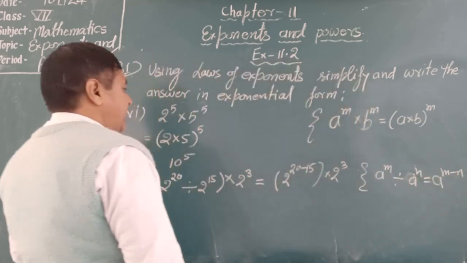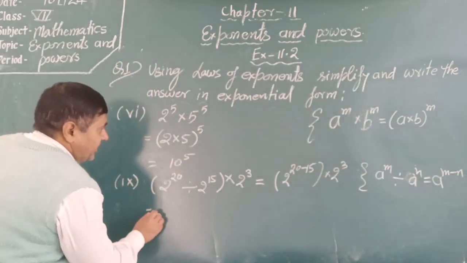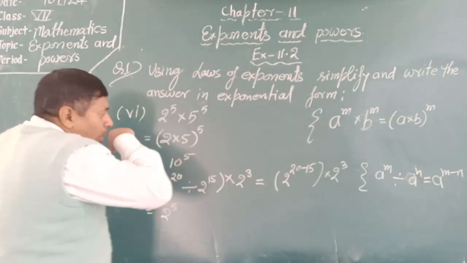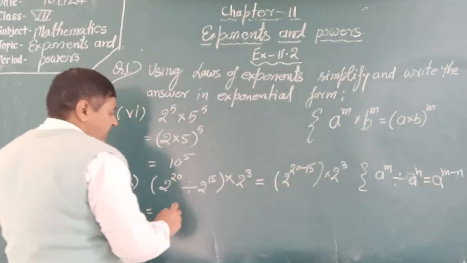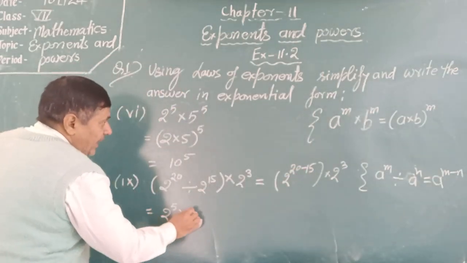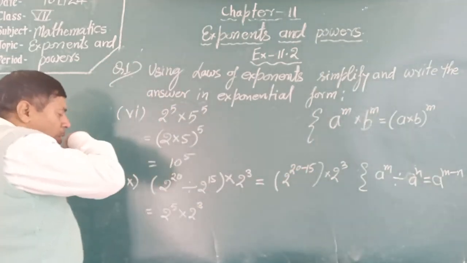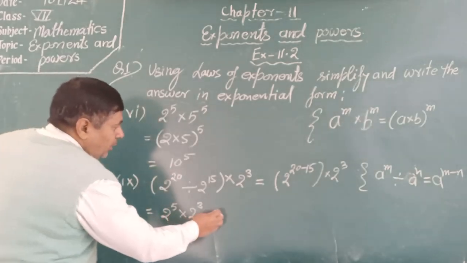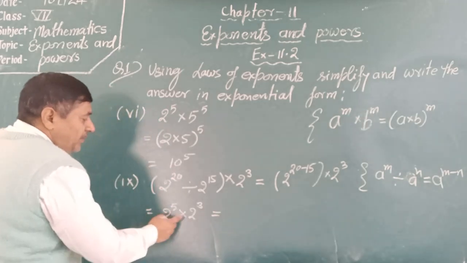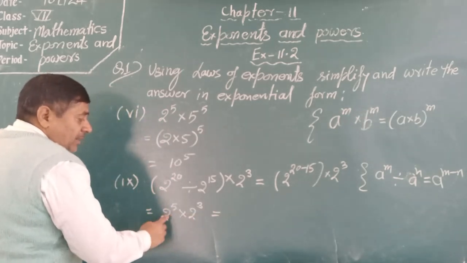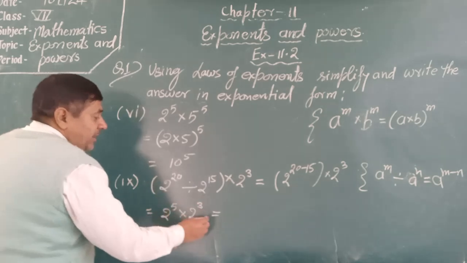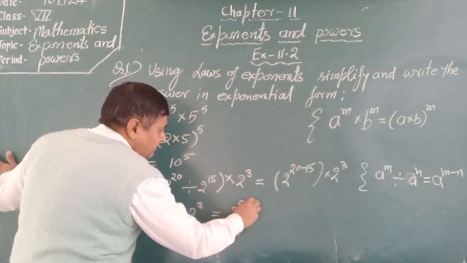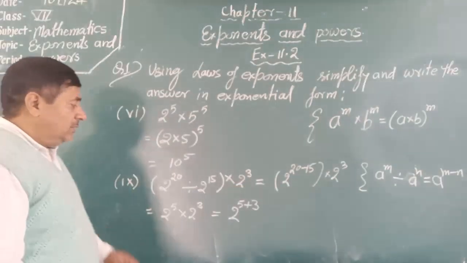This law you apply here, and it becomes 2 to the power 20 minus 15, which is 5, and 2 to the power 3. Now the bases are the same but the powers are different, so you add them.